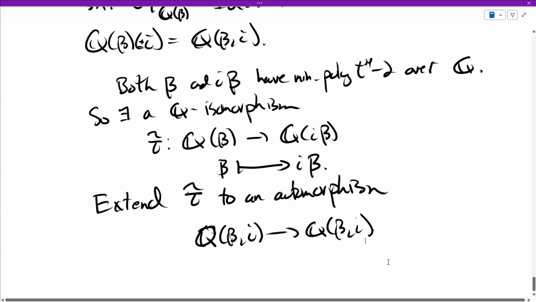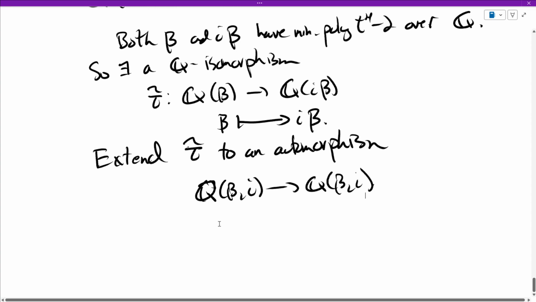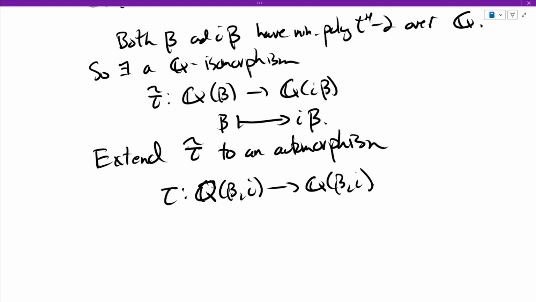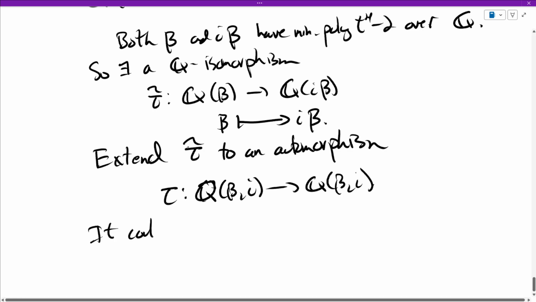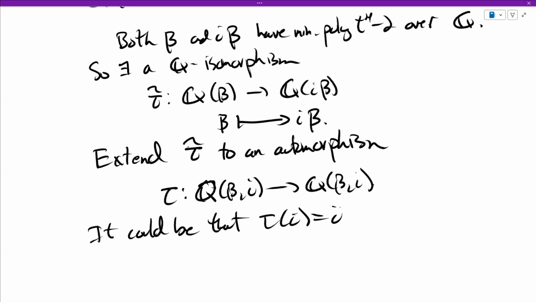Okay. Now there's a slight problem here. If we were to call this tau, that's fine. When we do this extension, we're adding in i on the left, and we're adding in i on the right, or beta, however you want to think about it. When we do that process, we don't know that the automorphism that we're going to get necessarily fixes i. So it could be that tau of i is i, and this is the tau we want.